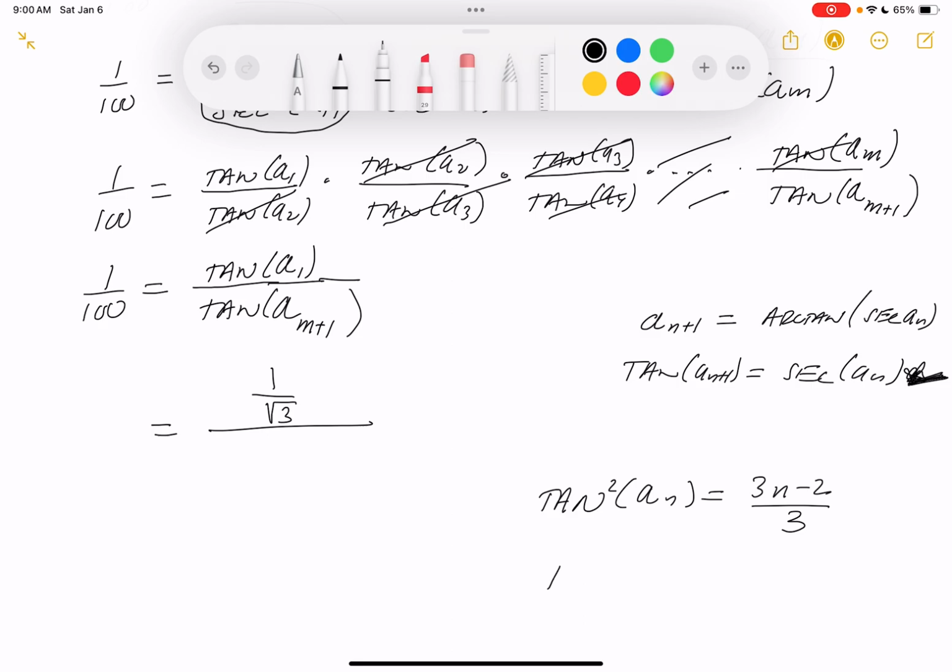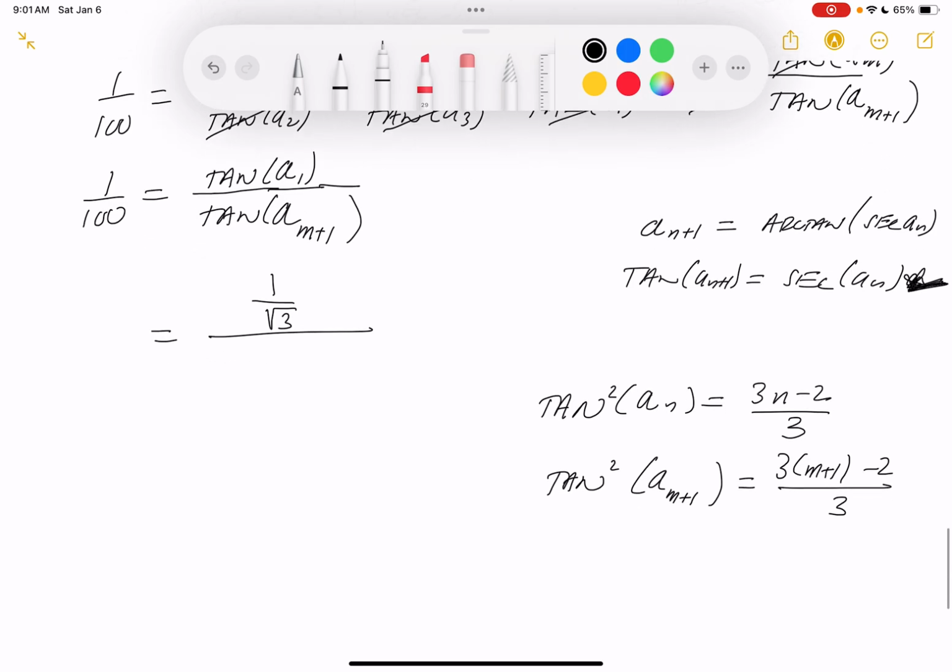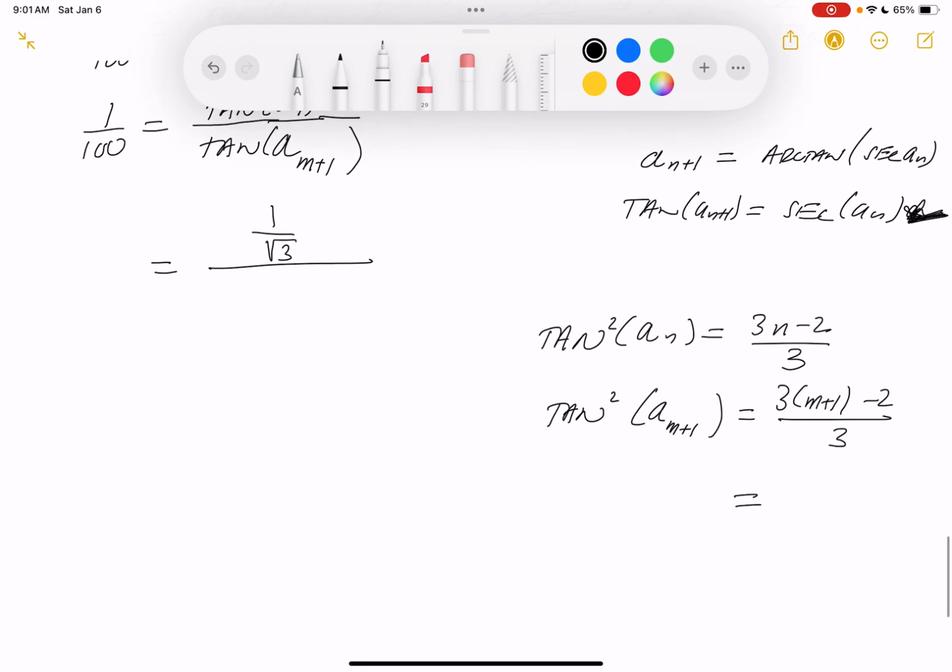So therefore, I know that the tangent squared of A_m plus 1 is going to be (3 times (m plus 1) minus 2) over 3. And what do you get there? You get (3m plus 3 minus 2), which is (3m plus 1) over 3. And that's tangent squared, by the way.